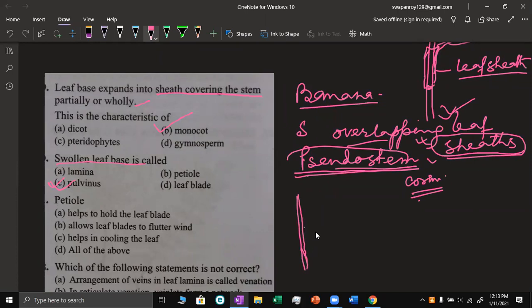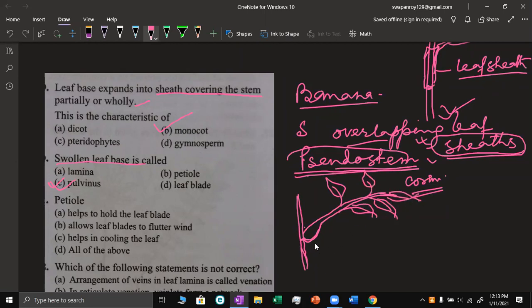Okay, the branch is this, say this is the node, and at the leaf base, this one is slightly swollen, and here you will get some leaflets, usually of a compound leaf or maybe a simple leaf.